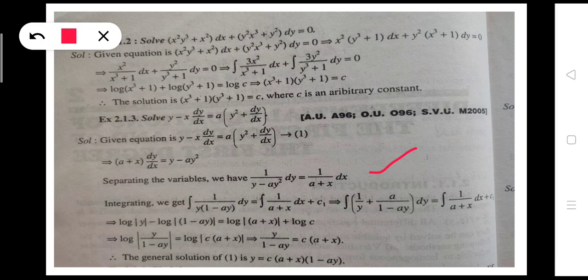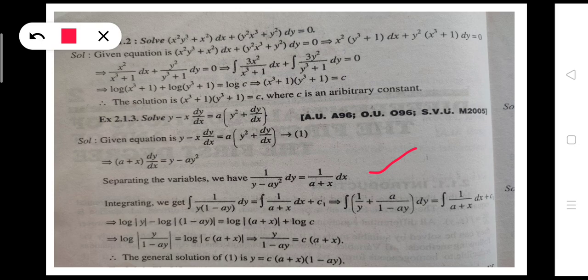Now integrating, integral of 1 by y means log y, and integral of a by 1 minus a y means minus log of 1 minus a y, is equal to log of mod a plus x plus log c. Now if you observe this equation, it is in the form of log a minus log b.